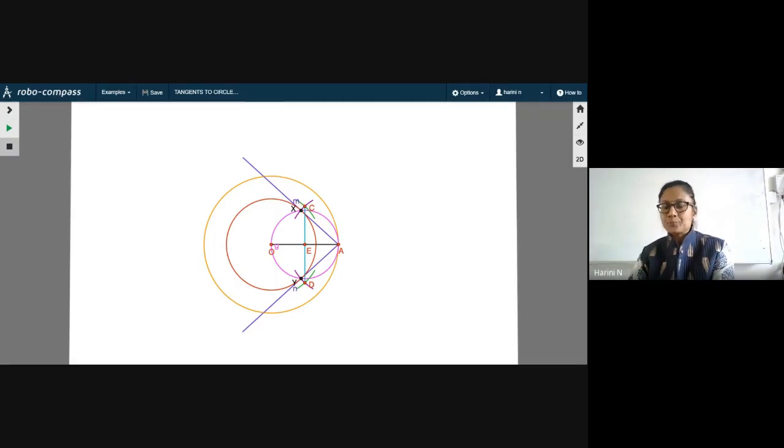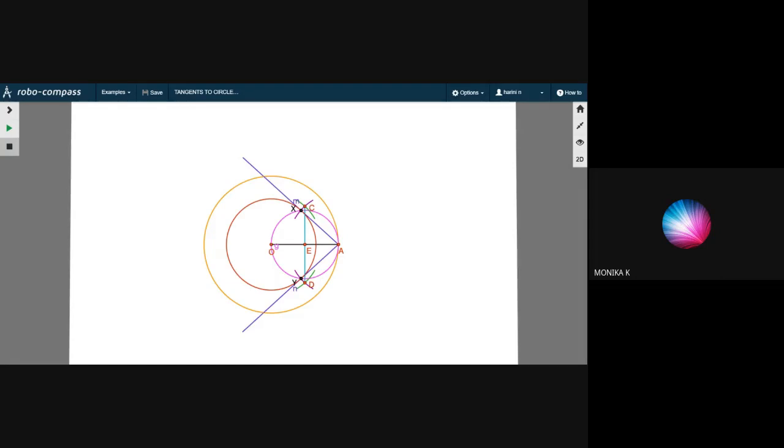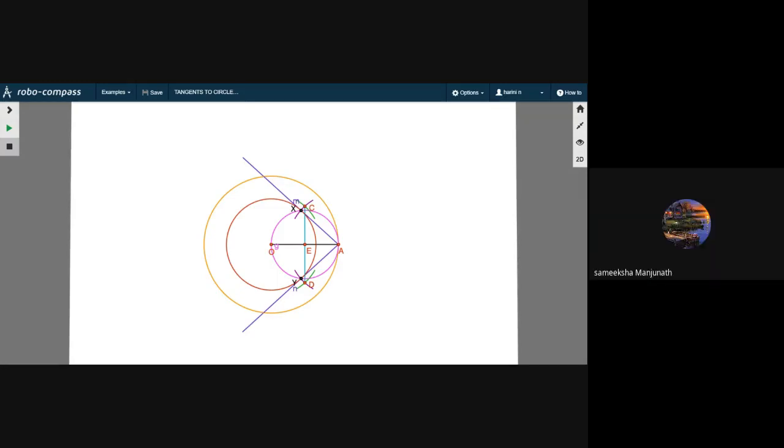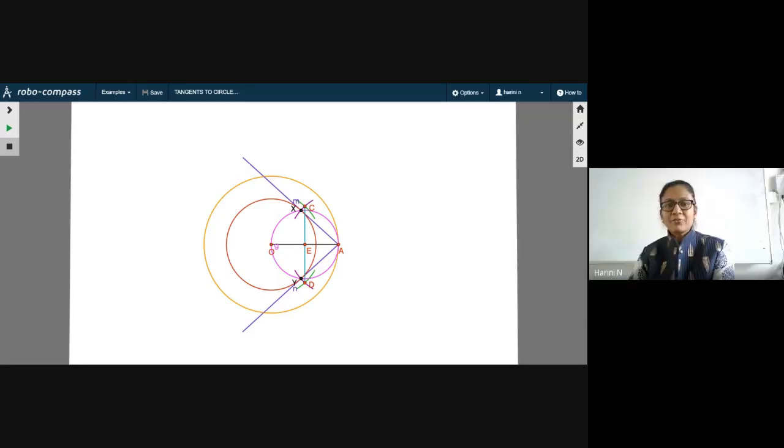Step 2. Locate a point A 6 centimeter from O. No, that was not our second step. That's not the way I have done it. Please recall. Draw a concentric circle with O as center and radius 6 centimeters. Some 3-4 are speaking together. One of you please cooperate and speak properly.